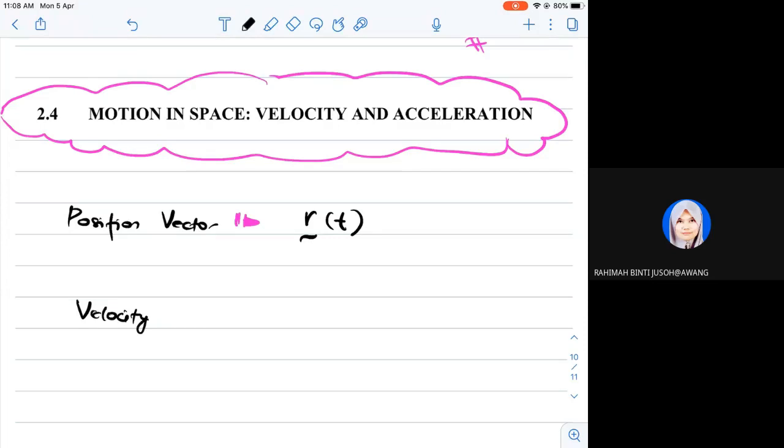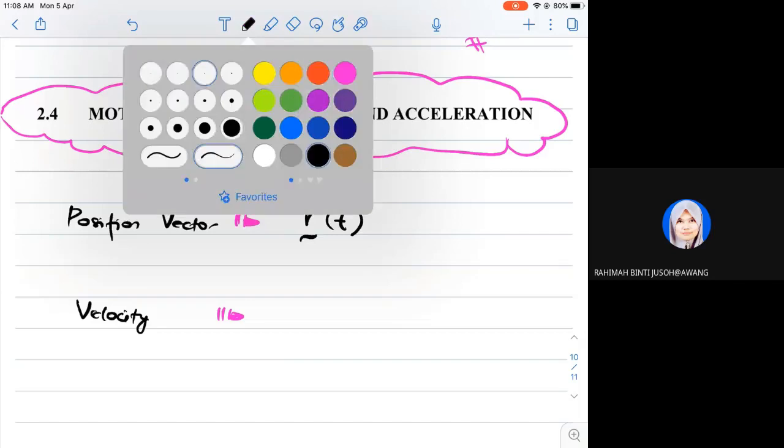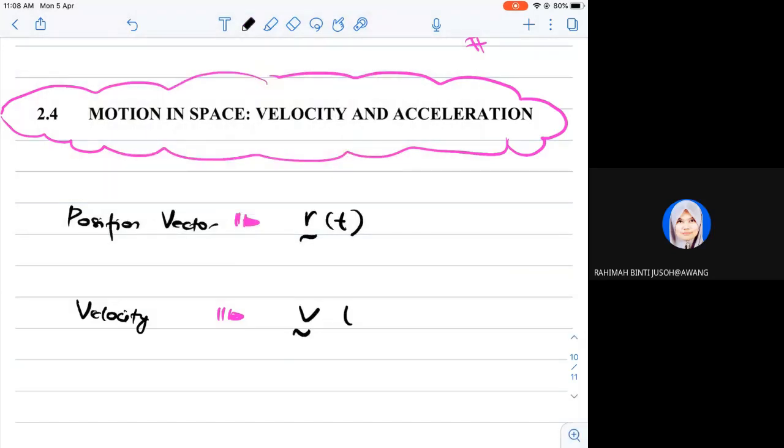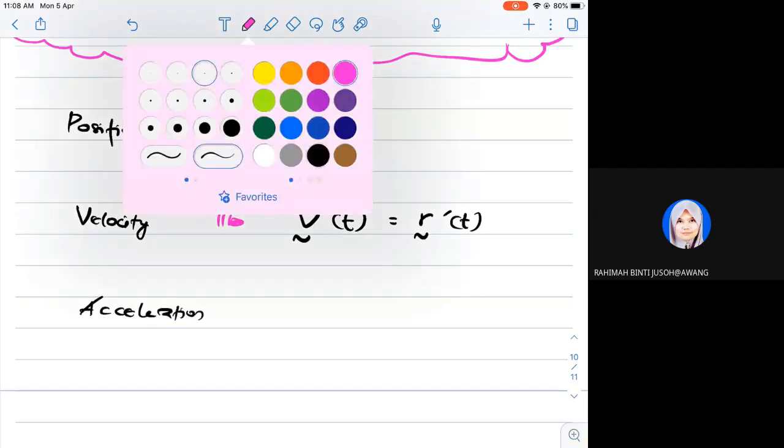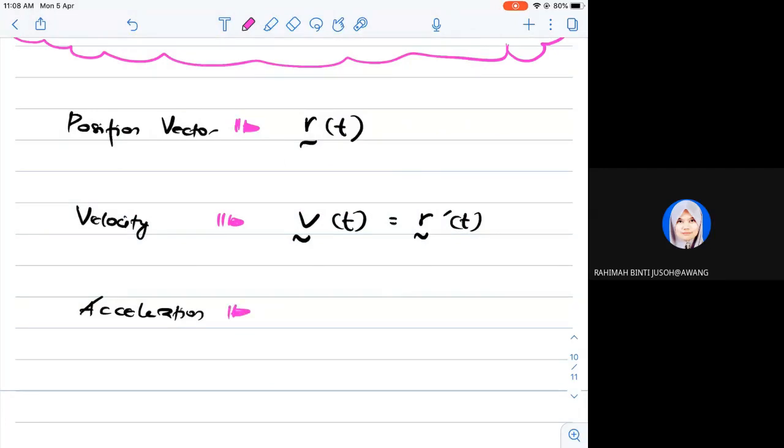Velocity ni notation dia adalah V T, which is equals to R prime T. Maksudnya you kena differentiate your position vector. And then selain daripada velocity ni, kita juga ada satu lagi, speed nama dia. Okay, but before that, let us move to acceleration. Acceleration dulu. Sebab saya nak explain dia punya hubung kait dia.